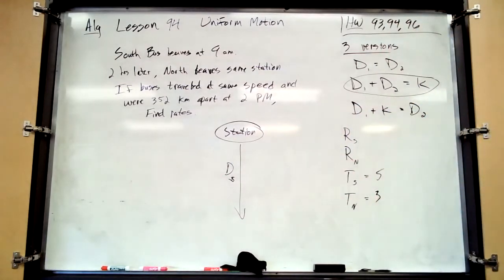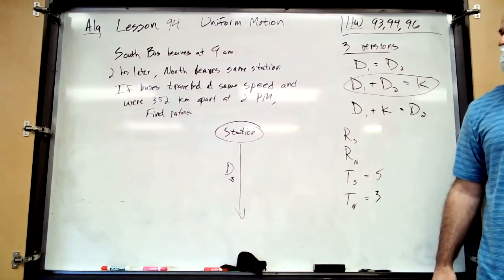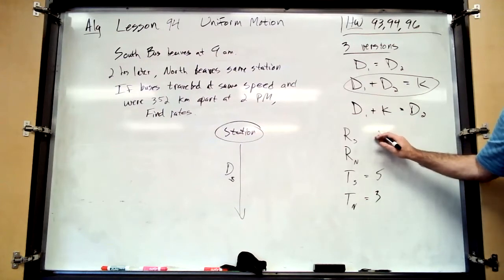So you already have 2 numbers for your 4 variables. That's nice. Now here's the other good news: the buses traveled at the same speed. So what can you say about RS and RN? You do the equal. Thanks for raising your hand.